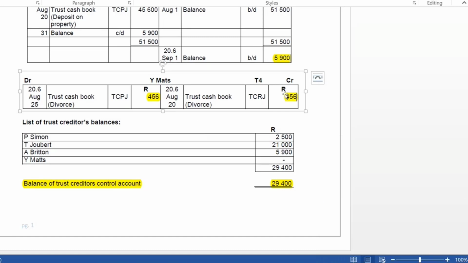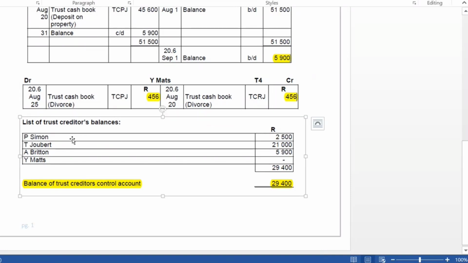For YMATs it is nil. So when you look at the list of the trust creditors balance, you can see that P. Simon is owed 2,500 by the attorney because the attorney has not rendered a service yet to P. Simon. J. Jubet is owed 21,000 by the attorney because the attorney has not performed the work as yet on behalf of J. Jubet.